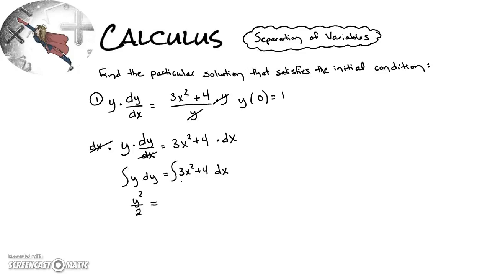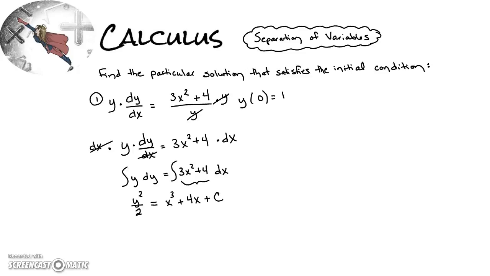So this integral right here is going to just end up being x to the third and then plus 4x. And then over here we can add plus c because we really don't have to add c to both sides because then it's still a constant when you move it to one side.